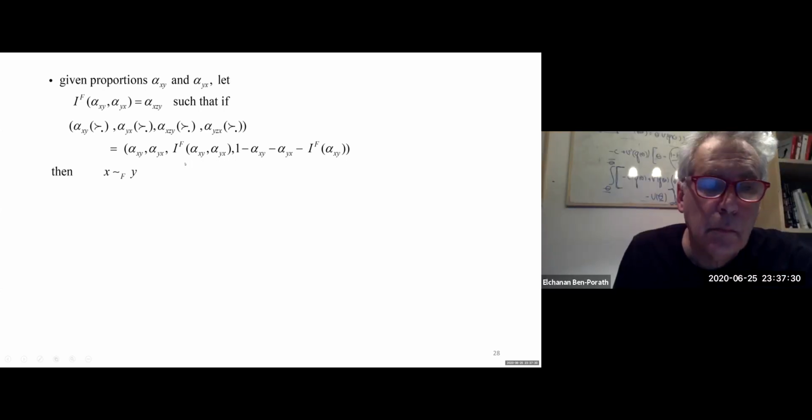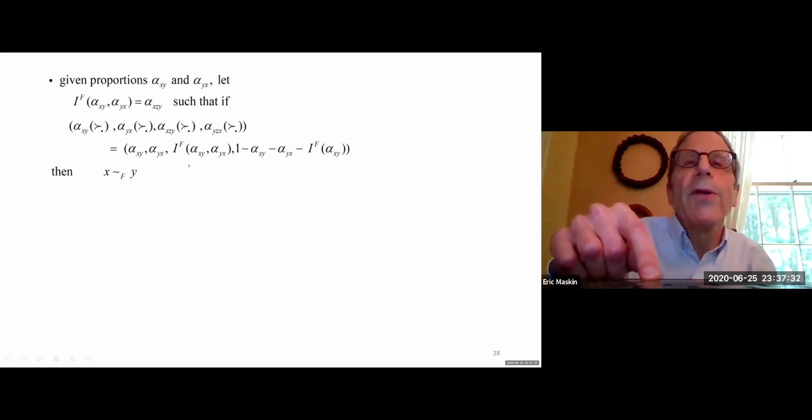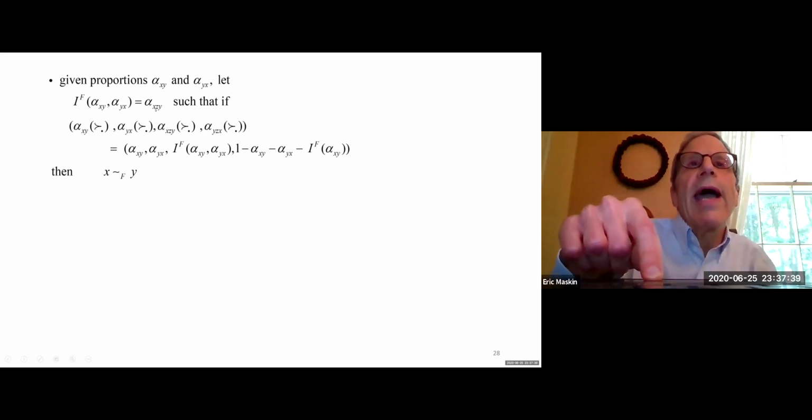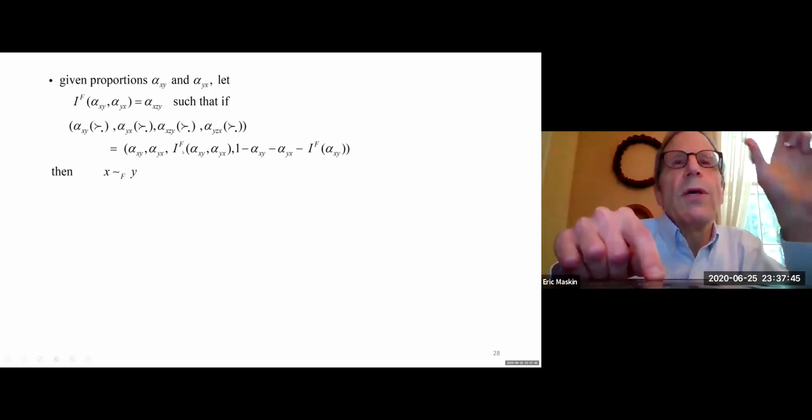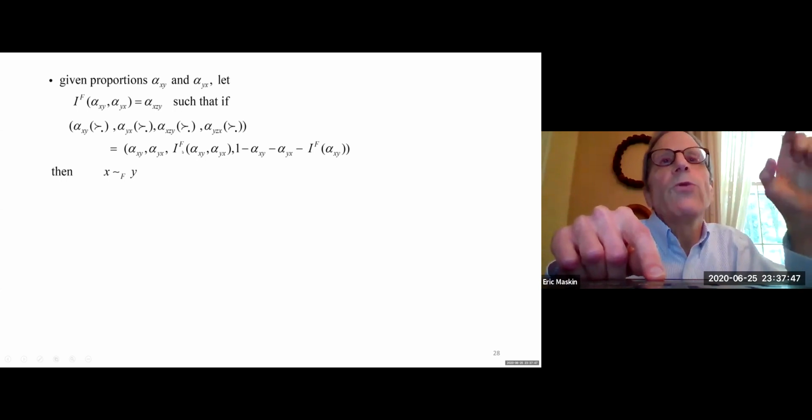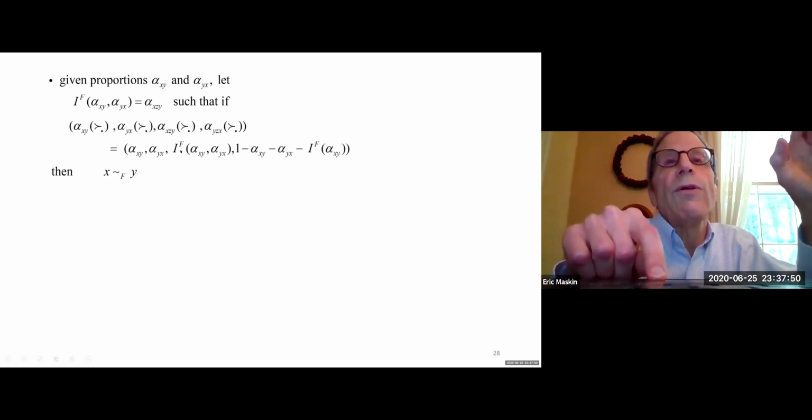But when it is possible to find a value of alpha x c y such that we get social indifference for this four-tuple, that's the case that I'm interested in.